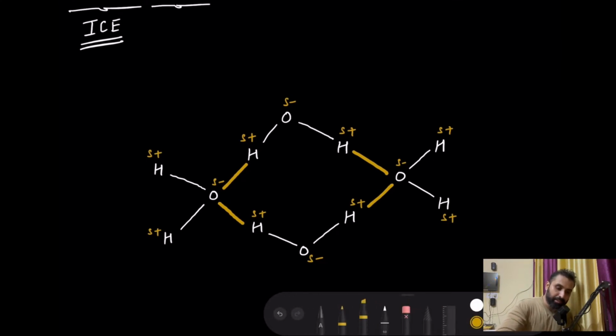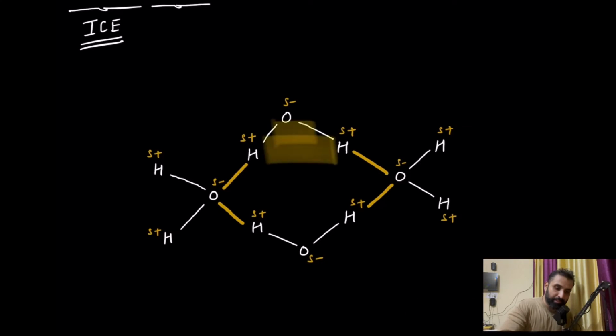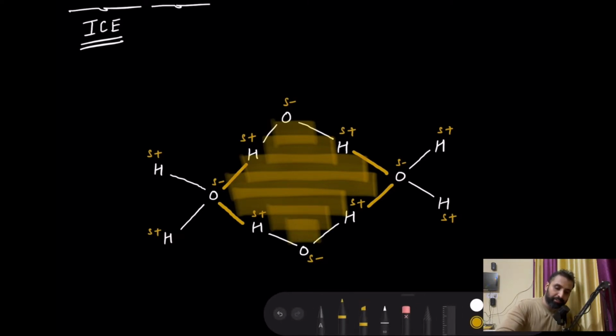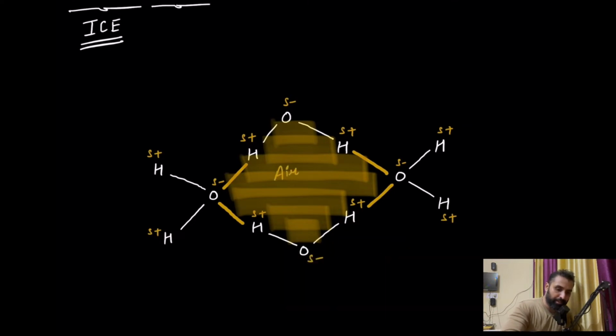Here in this case, we have the vacant airspace in which some air is entrapped, due to which the density of ice will become 9% lesser than that of water, because in water we do not have any air spaces.